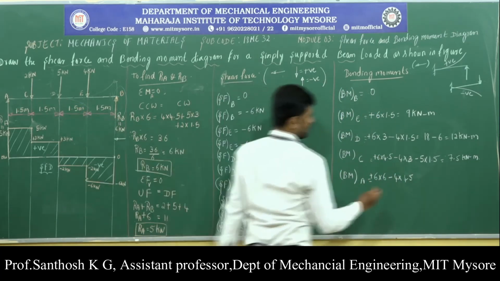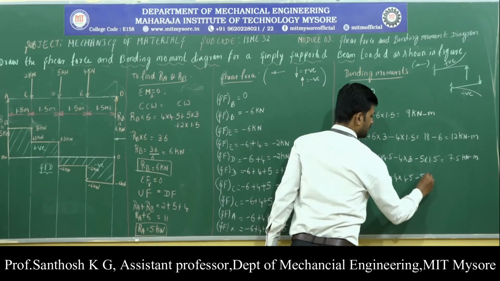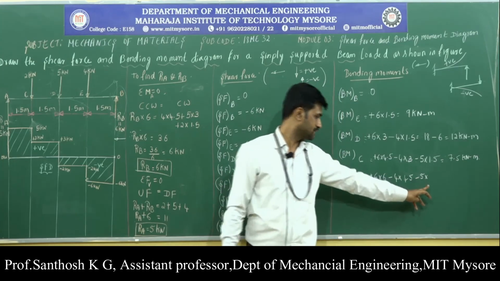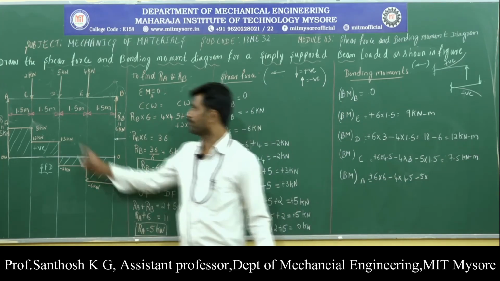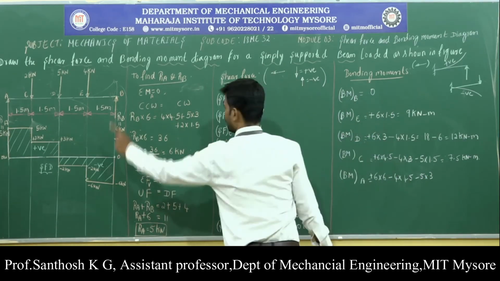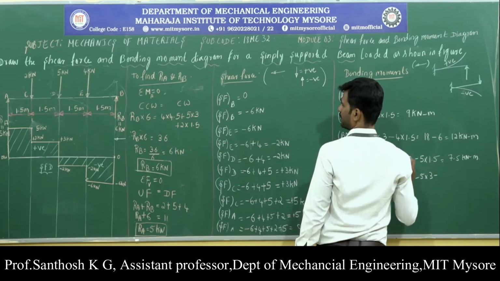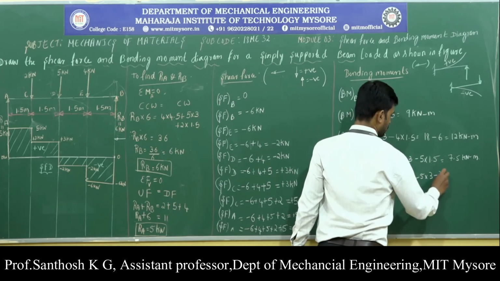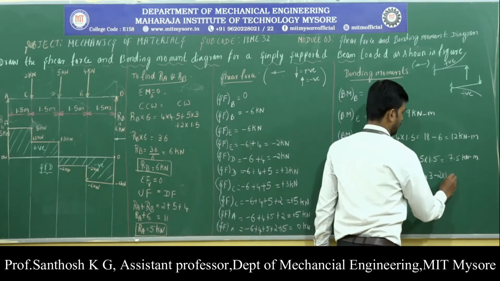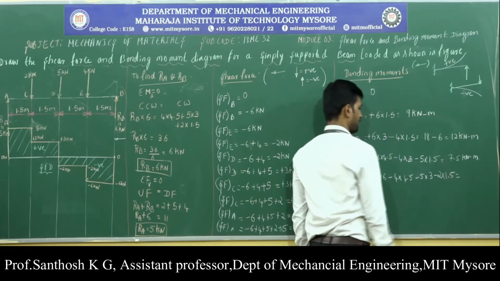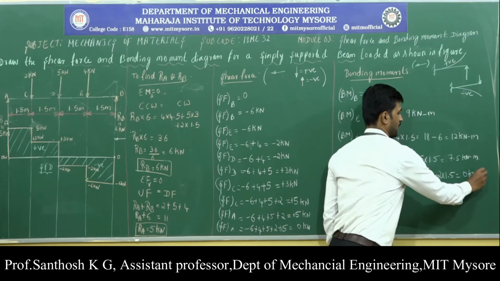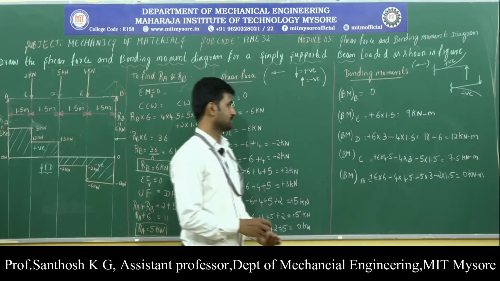Similarly, the 5 kilonewton force is going to create the downward bending, therefore it is denoted by a negative sign, and its distance from point A is 3 meters. And we will get a downward bending because of the force 2 kilonewton, and its distance from point A is 1.5. Now if you add all the bending moments, you will get this value as 0 kilonewton meter.